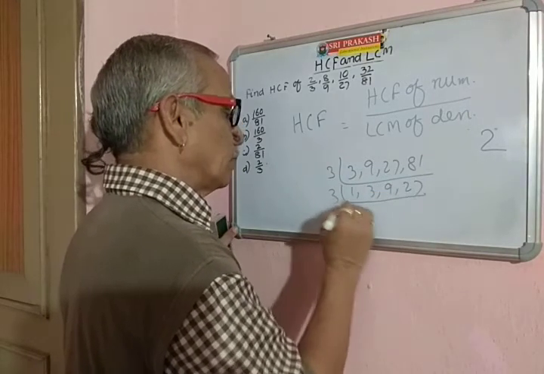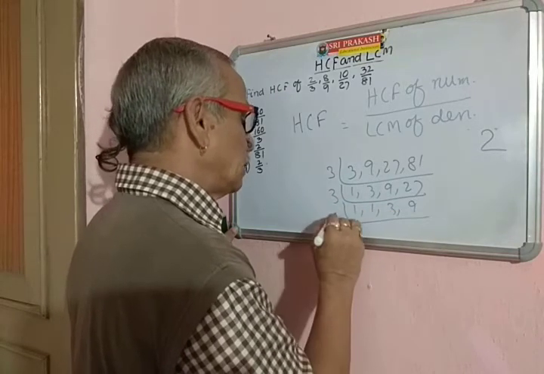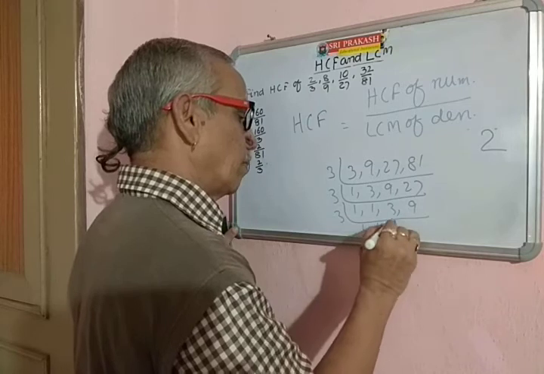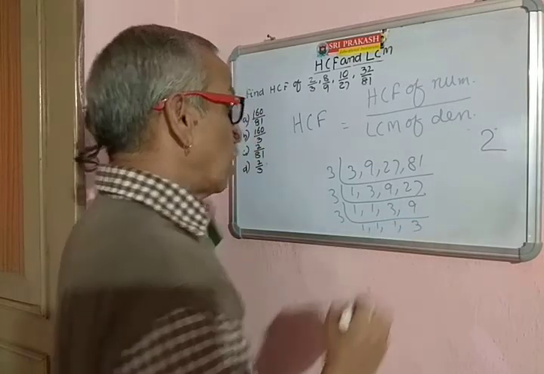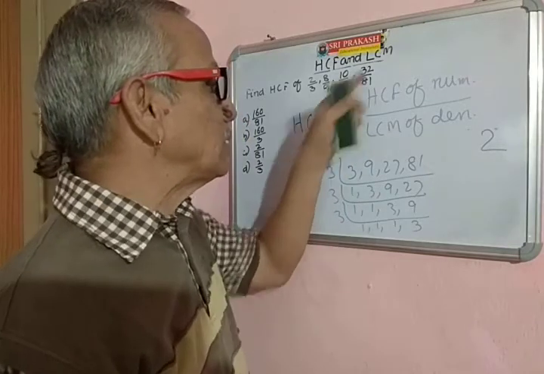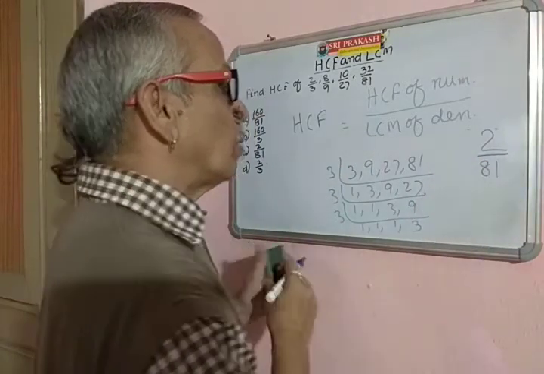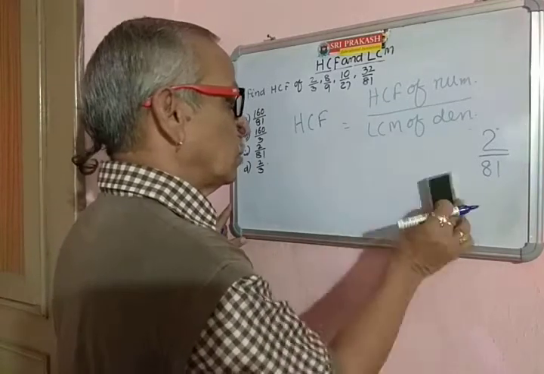Again by 3, again by 3. So now 3 3s are 9 and 3 3s are 9. 9 9s are 81. So your LCM of denominators is 81.